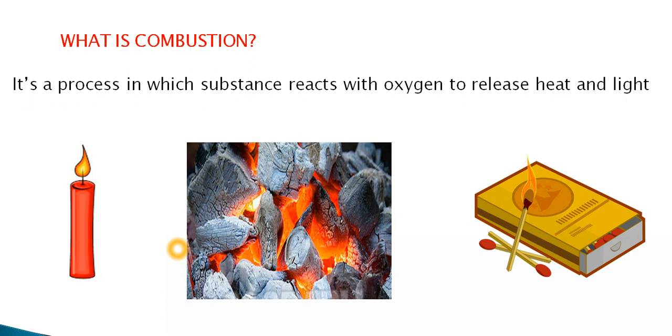In case of coal, you really do not get a flame. You can see just a reddish glow on the coal that happens due to combustion. Whereas in case of a candle, you can very distinctly see the presence of flames. So it depends how light gets emitted in different substances.